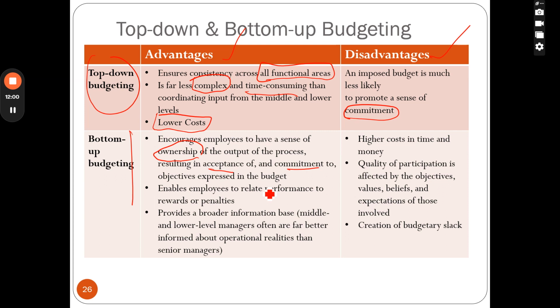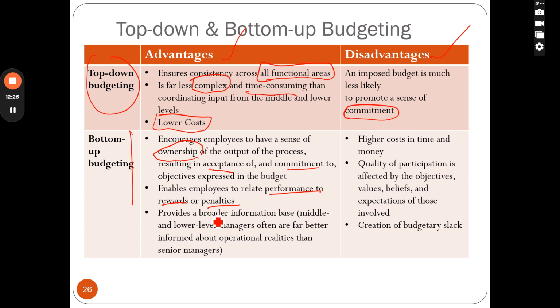This will enable employees to relate performance to rewards or penalties. So employees can understand: I got some rewards because of my better performance, or I got a penalty because my performance was not so good.